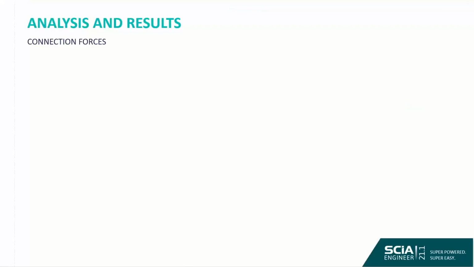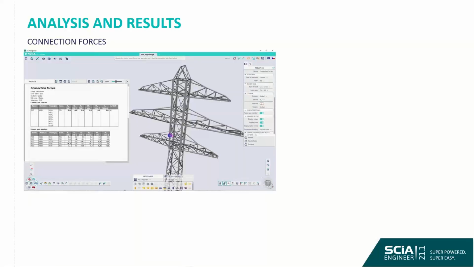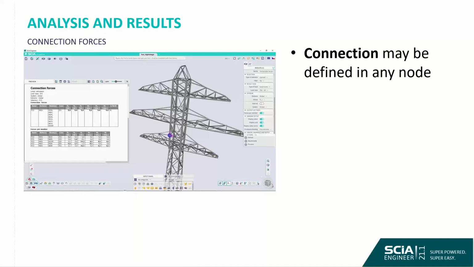Another improvement to analysis and especially results is connection forces. Also in the 32-bit version, we have this possibility, but we extended the workflow and we enable to see more data from this result.